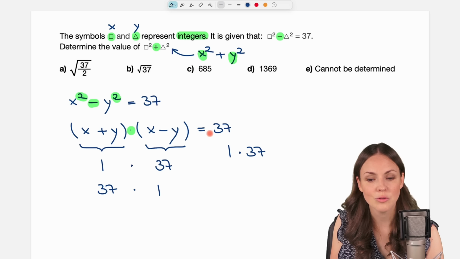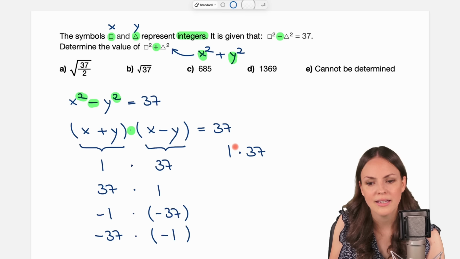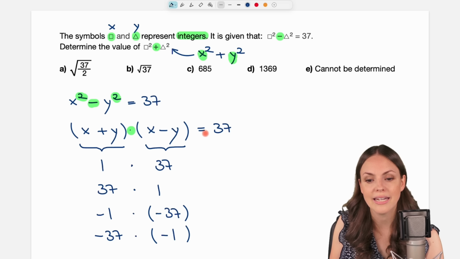To get 37, we could also multiply two negative numbers. We could have -1 times -37, which would be positive 37. And if we switch these two numbers and start with -37, we could multiply this by -1.